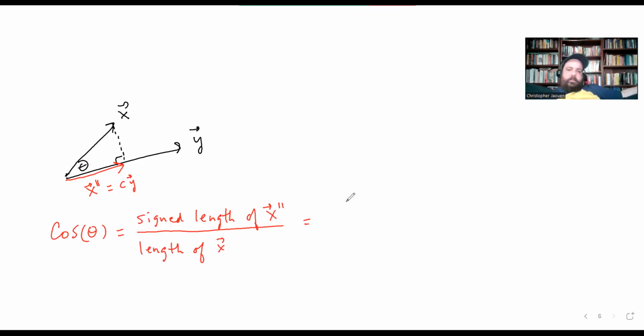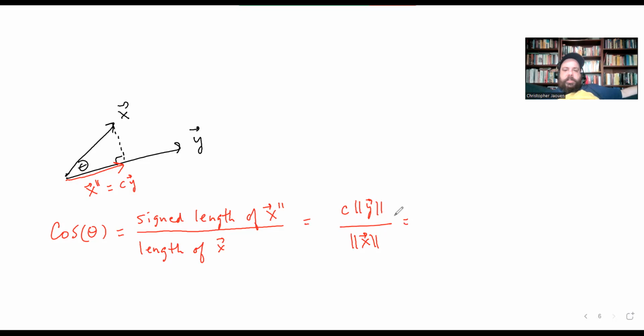Right, so that gives you the signed length of x parallel, which is the actual value of c, whatever its sign is, it has the same sign, times the length of y. And the length of x is given by this symbol here.